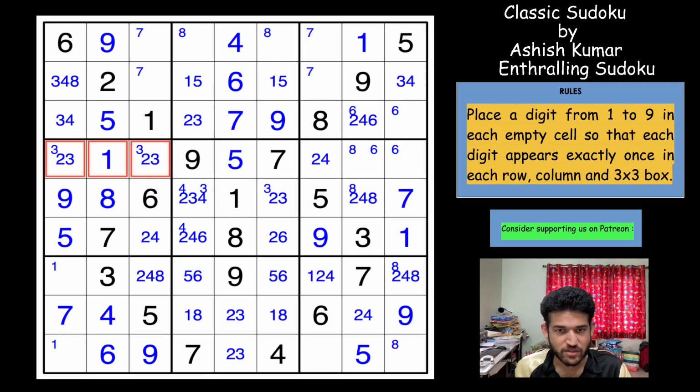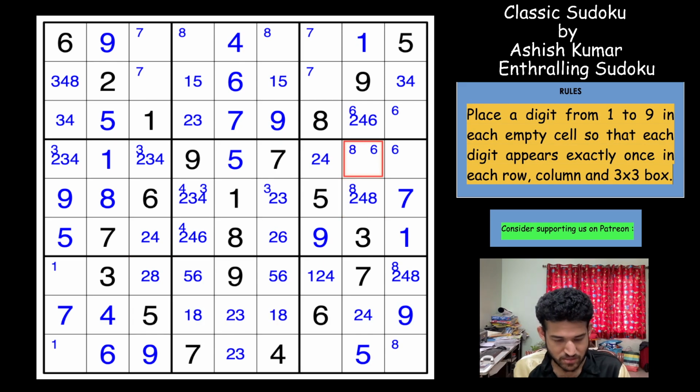So this will be 2, 3, 4 for the box. This is not a 4, 2 and 8. What do we have now? Okay, 8 isn't here, so that gives 8 in box 6.